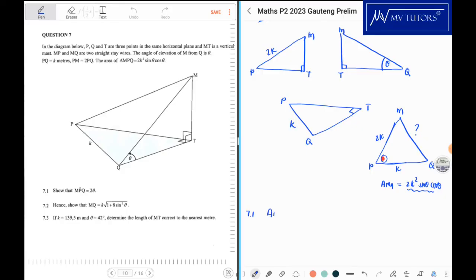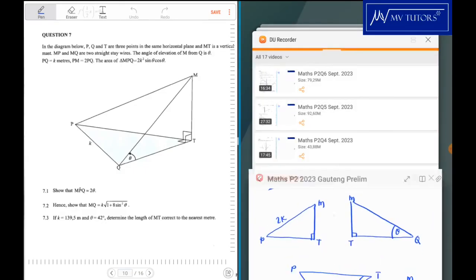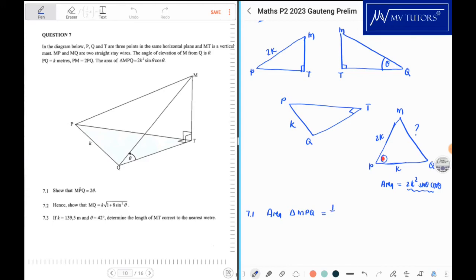Okay, so the area rule, area of triangle MPQ is equal to half MP times PQ times sine P.